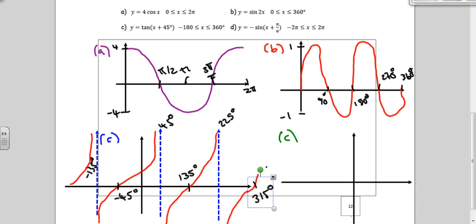So we end up with a graph that looks a bit like this. I ended up running out of room, so I'll try that again.